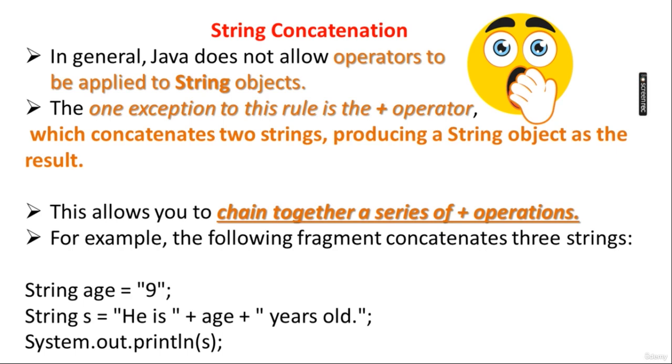We have seen operator overloading in the C++ programming language. There you can overload operators like plus, minus, multiplication, division. But in Java they are not allowed to overload those operators. Why? Because when the compiler is using those operators, and we have already overloaded them, the compiler gets confused.